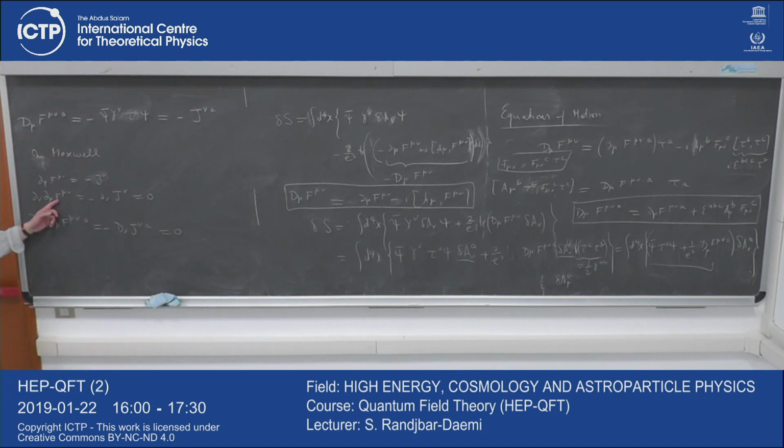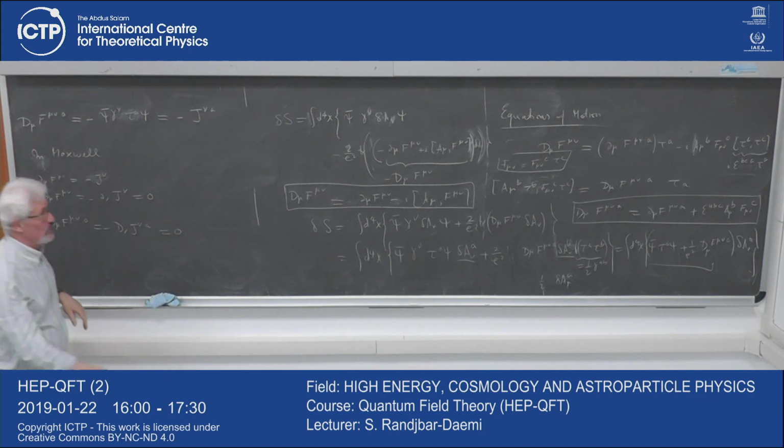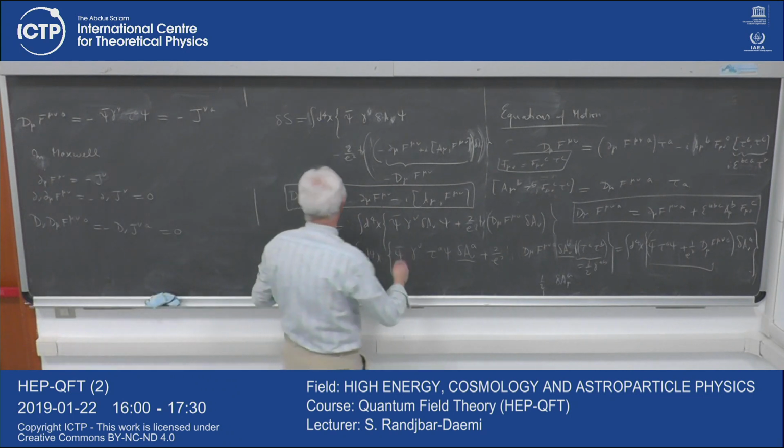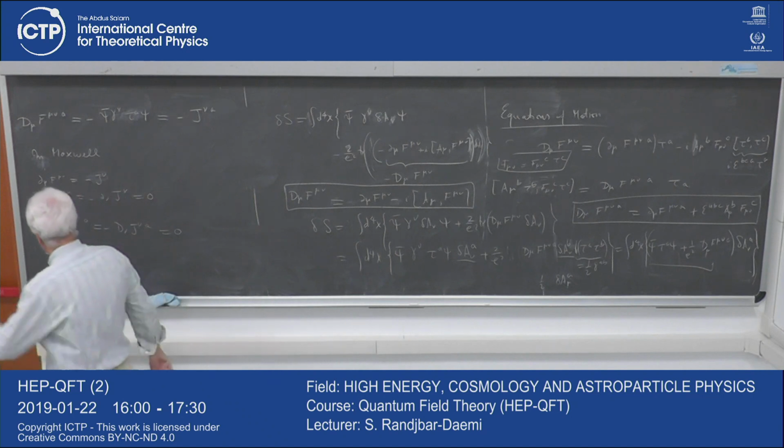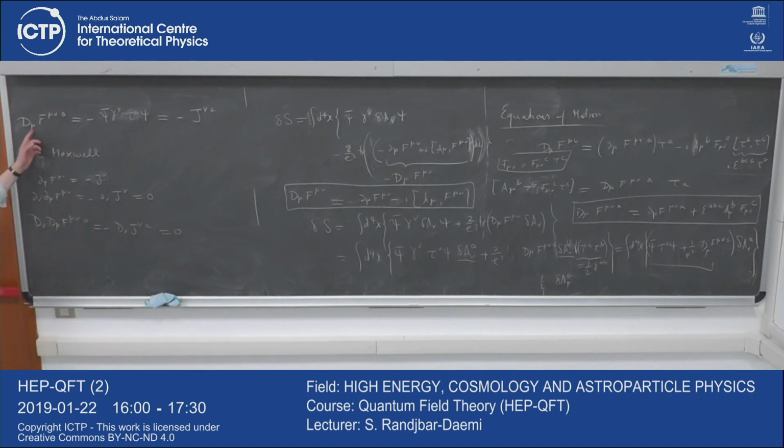On the other hand, F mu nu can be written in terms of components, here. And the first term will involve just the ordinary derivative. So if you substitute for F mu nu in terms of its components and expand the whole thing, there will be a partial derivative acting on that, plus extra terms.